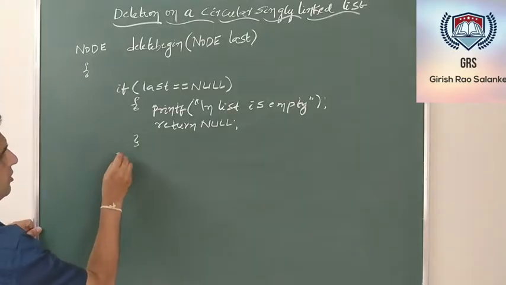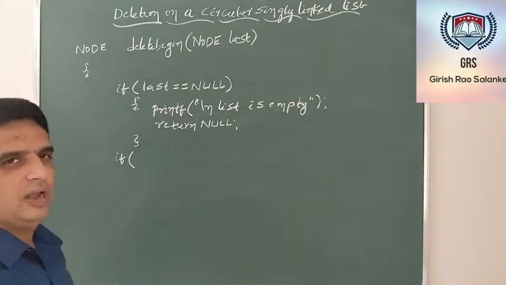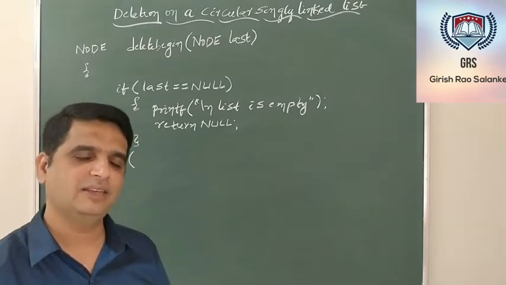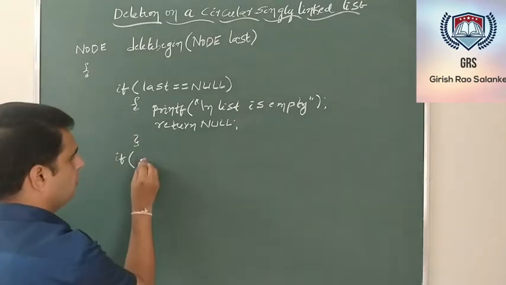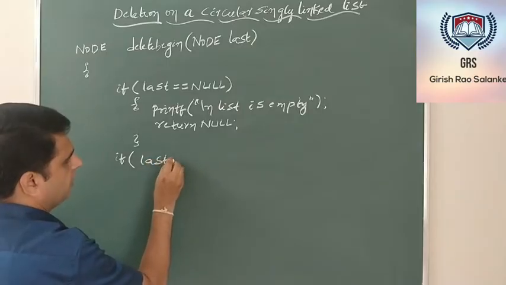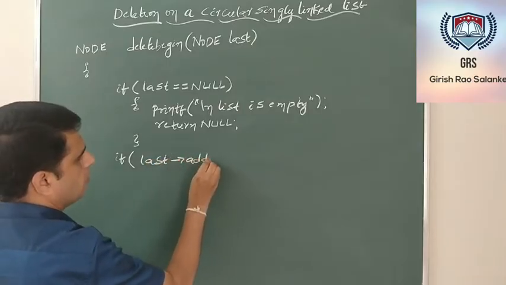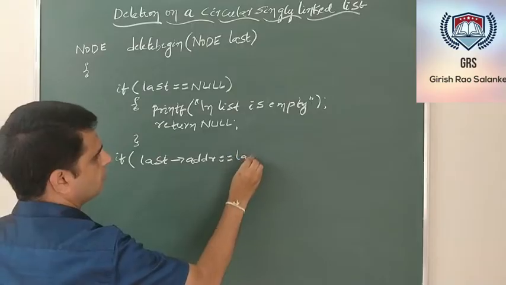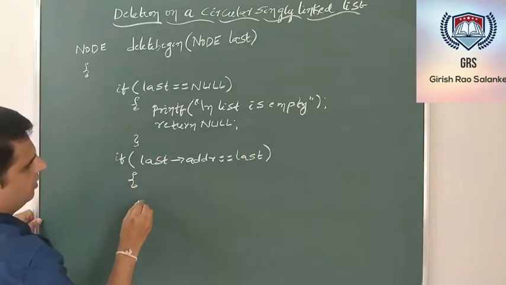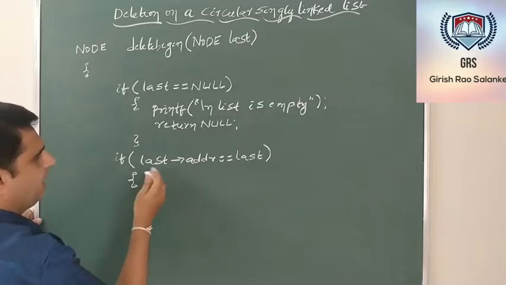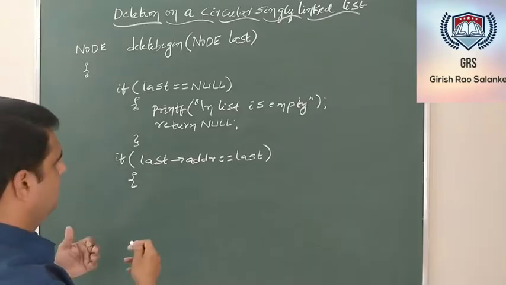Second case, I am going to check if the list is having only one node. If my circular list is having only one node, then last of address will be pointing to last. So, if last of address is equal to last, now what I will be doing is I need to deallocate memory.